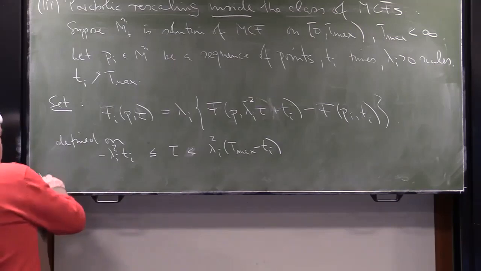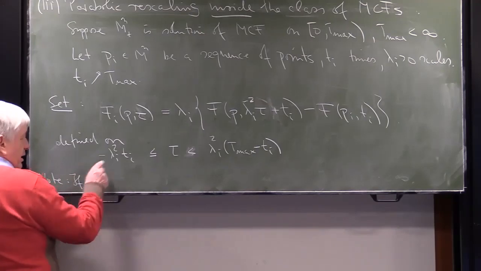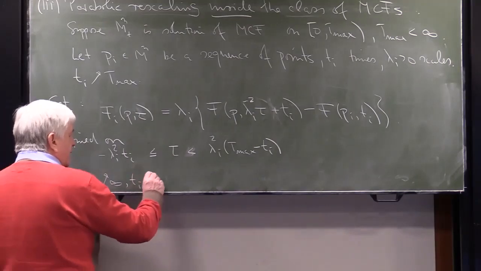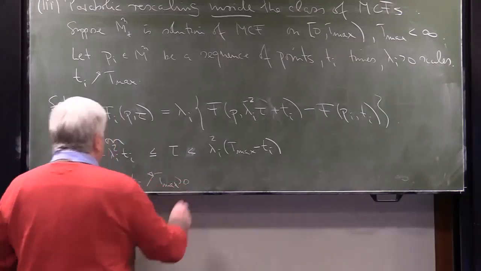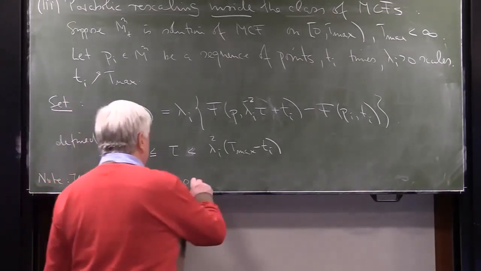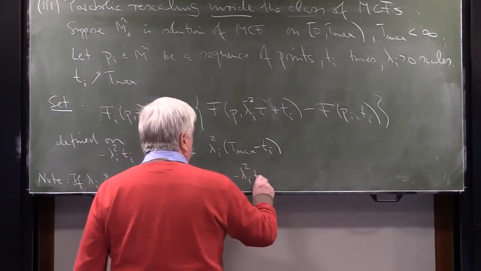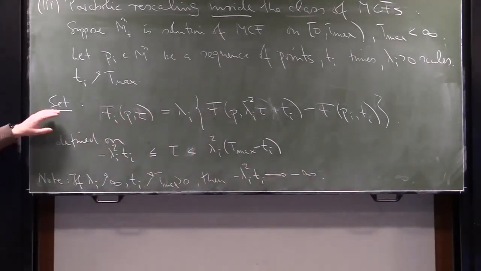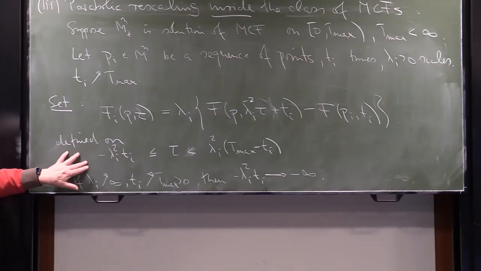And note that the left-hand bound, if lambda_i tends to infinity and t_i tends to t_max, which is some positive number, then this clearly tends to minus infinity. So we get really a rescaled picture where the left-hand time interval is pushed back to minus infinity.